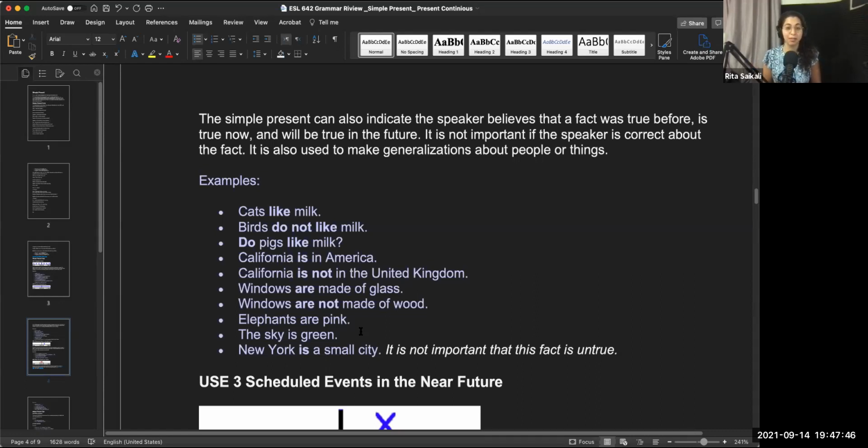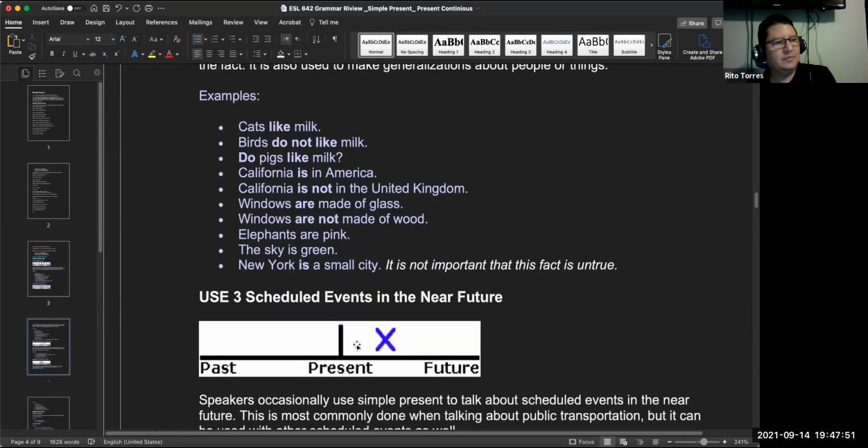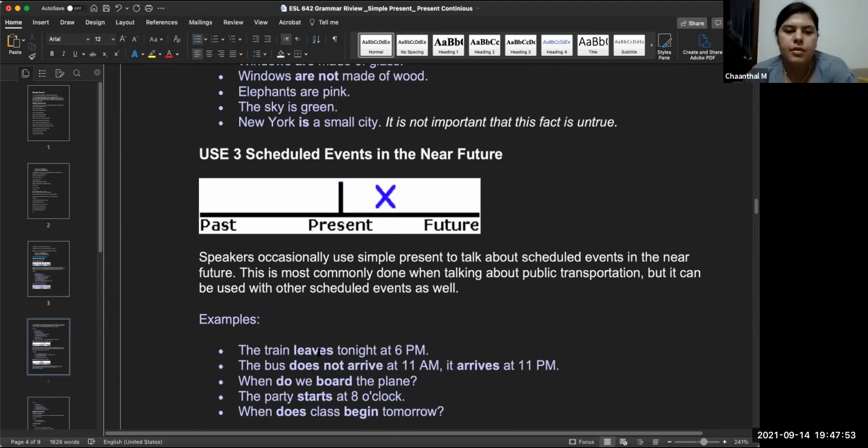Any questions? Okay. No. Cool. And you can also use simple present for a scheduled event in the near future. Something that's going to happen in the near future, like the train leaves tonight at 6. It's not 6 yet, but the train is going to leave.